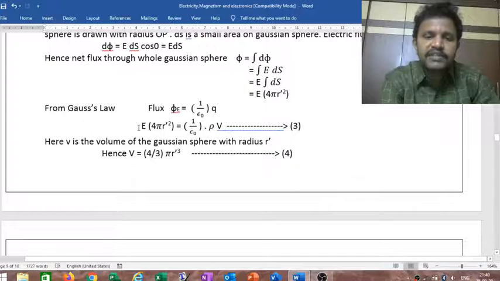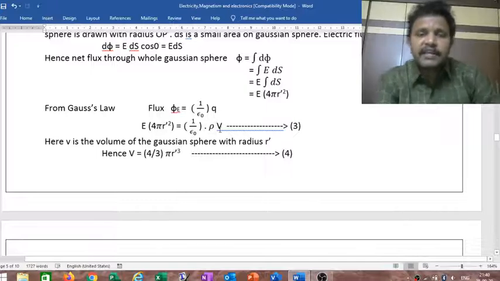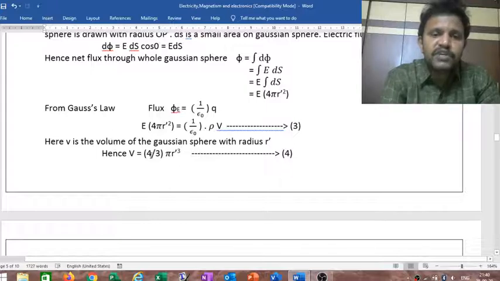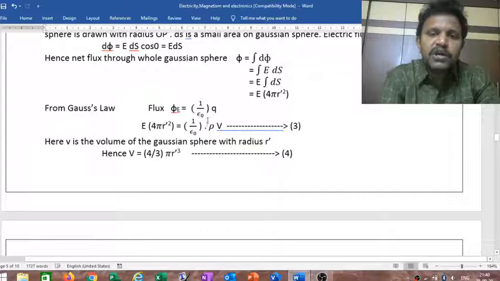So we get this equation. E into 4 pi r dash square is equal to 1 by epsilon naught into rho v. Here rho is the volume charge density of the sphere, and v is the volume of the inside Gaussian sphere. Volume v is equal to 4/3 pi r dash cube. Let us substitute rho and v values in this equation.